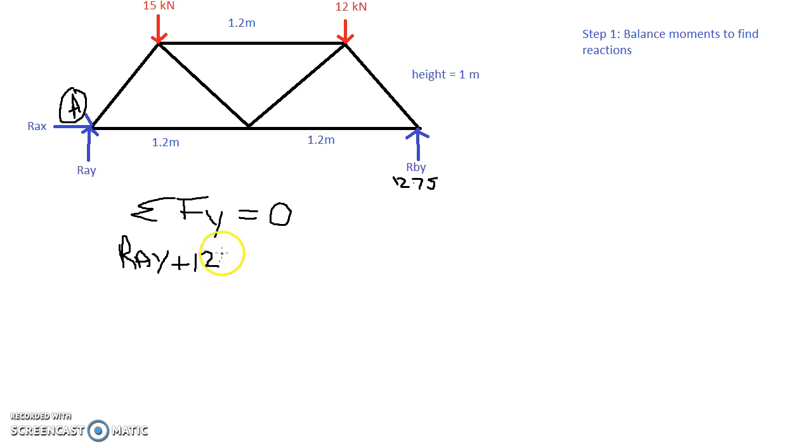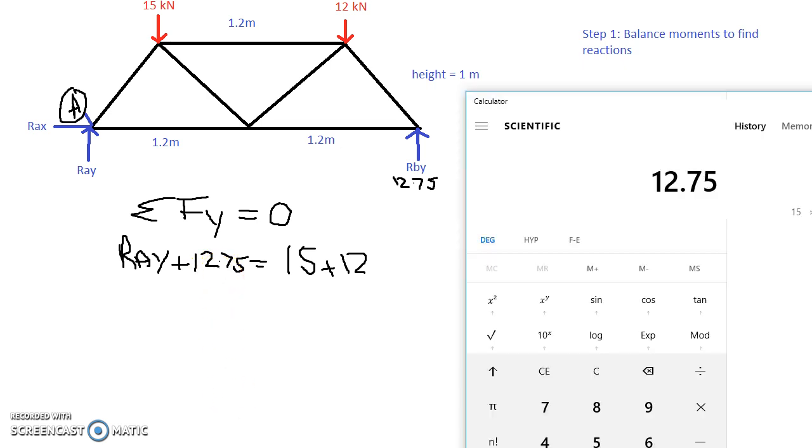This is going up, equals our two down forces, which is 15 add 12. So all of this equals 27 on that side. If we take 12.75 from 27, we get, excuse me, I'm too lazy to do it in my head, 14.25.